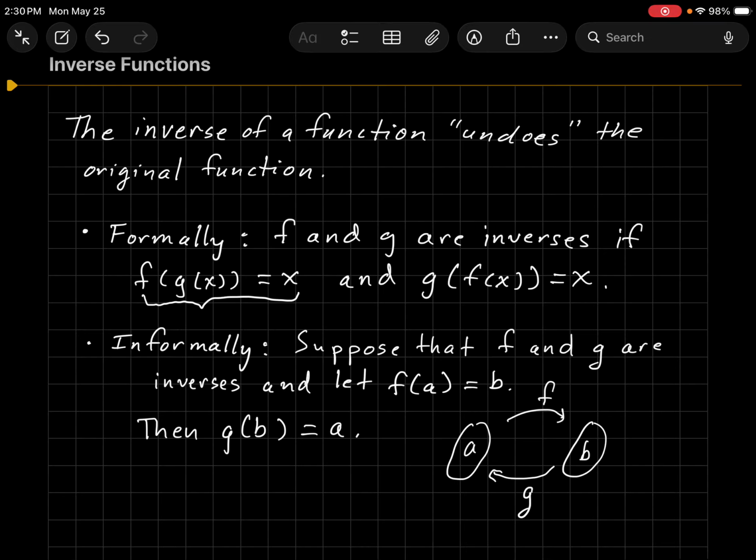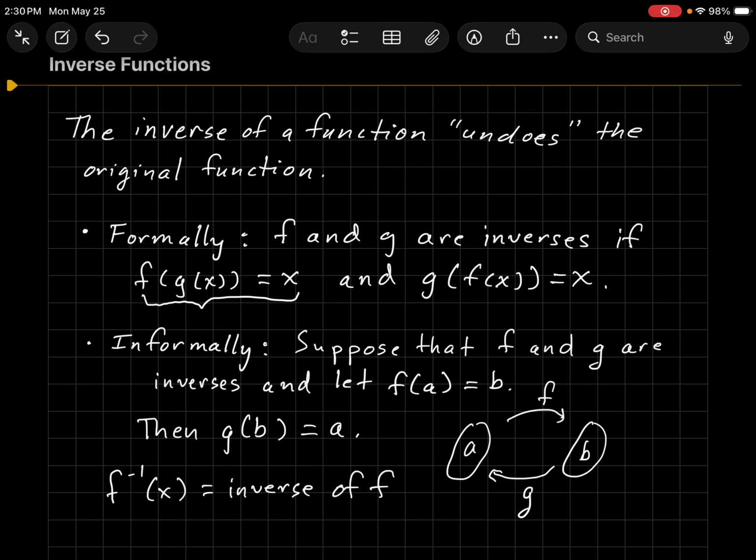The notation for the inverse of f is that. It's f to the negative 1 power of x. We have to be careful in mathematics because this notation could mean actually f to the negative 1, which is 1 over f, which is not the inverse of f.